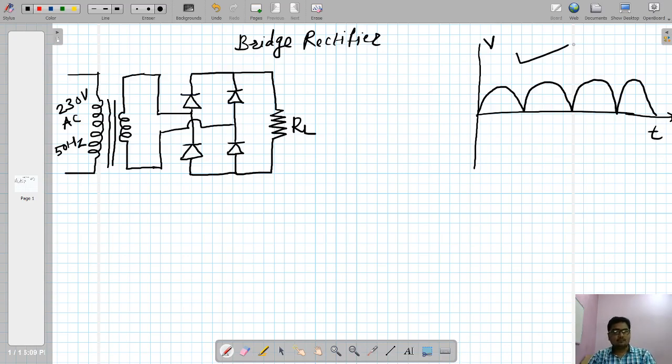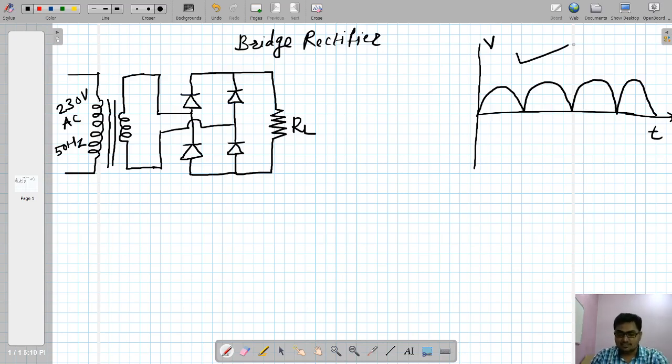So as both are full wave rectifiers, we are getting identical waveforms. As waveforms are identical, whatever analysis we have done for full wave center diode rectifier, all that analysis is applicable to the bridge rectifier.